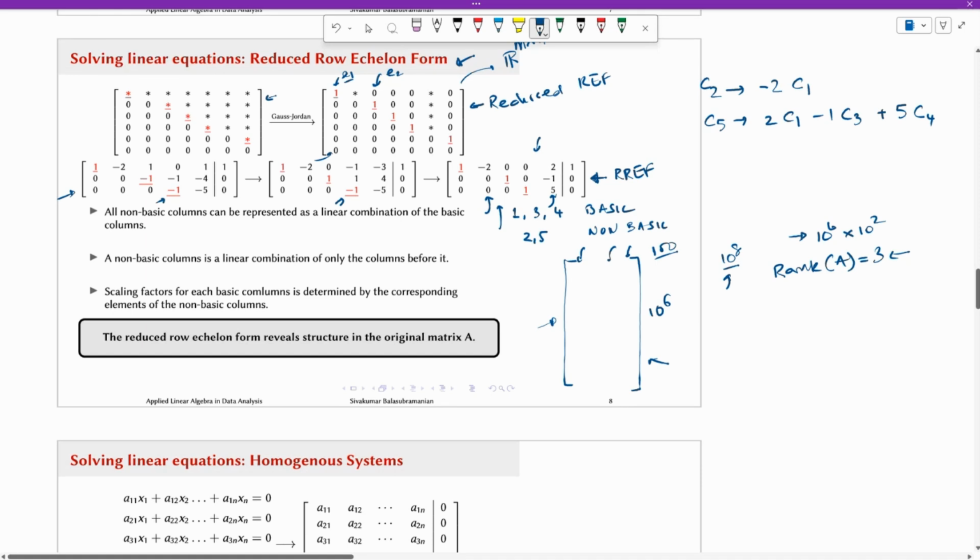Let's start there. Do I have to store the basic columns? Of course, I have to store the original basic columns, not the reduced row echelon form. You have to store the 3 basic columns, let's say C1, C59, and C81. These I cannot get away with because they contain information that is not contained in anything else.